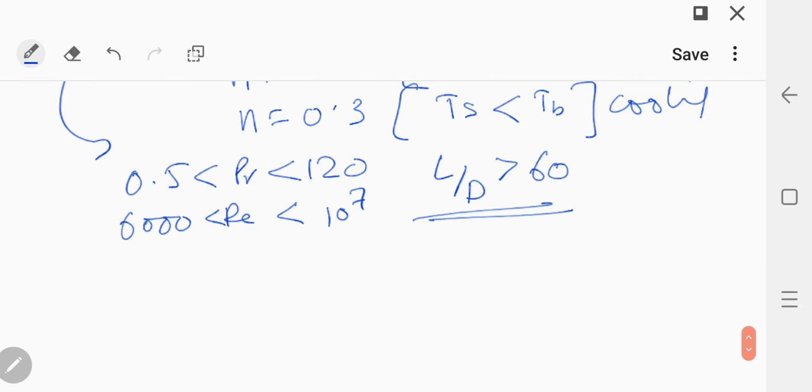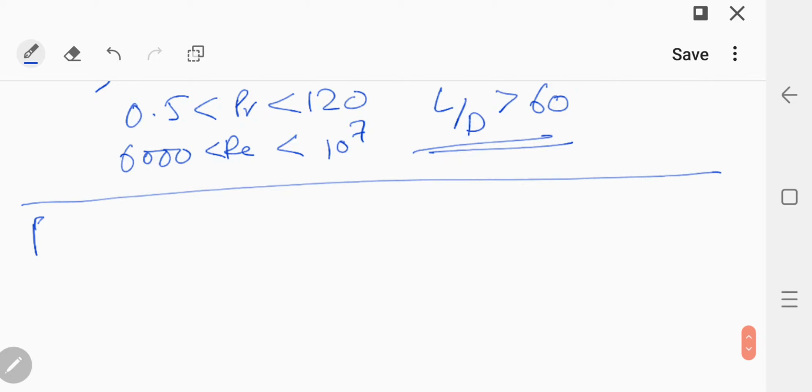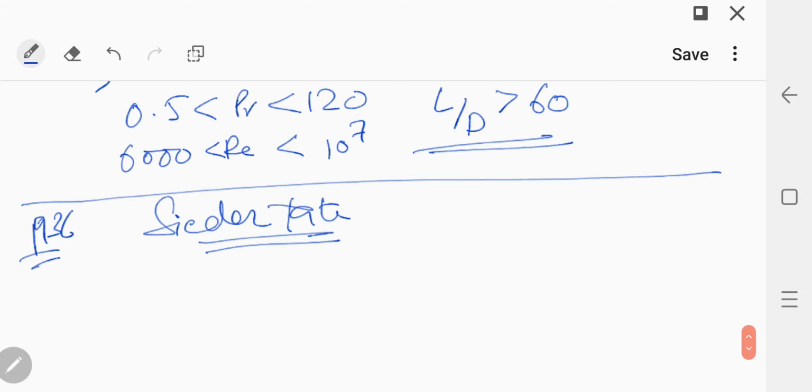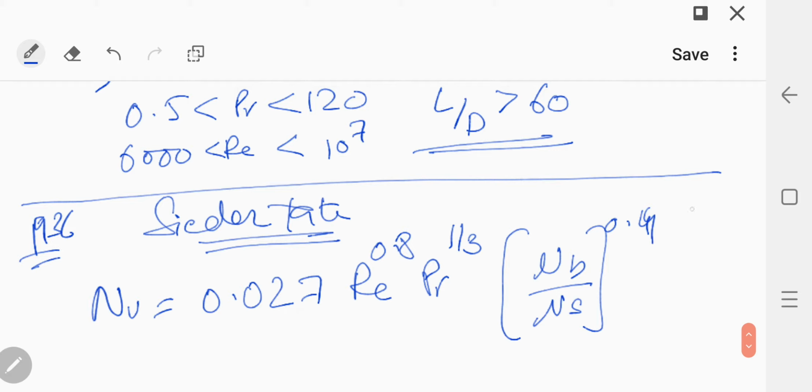Then in 1936 again, Sieder-Tate proposed his correlation for turbulent flow, that is Nusselt number is 0.027 Reynolds number to the power 0.8, Prandtl number to the power 1 by 3, into mu b by mu s raised to power 0.14.